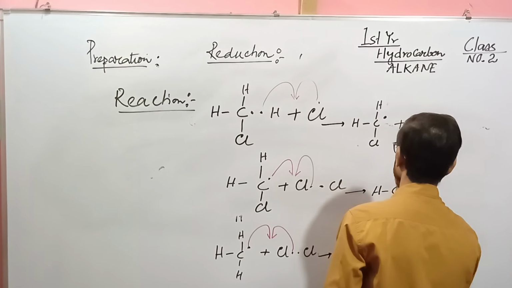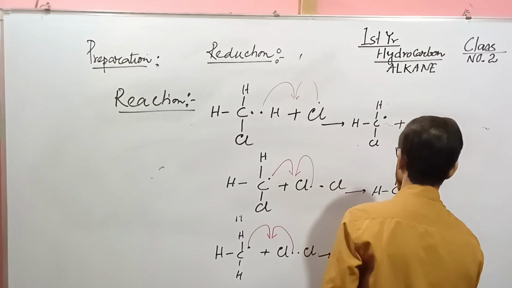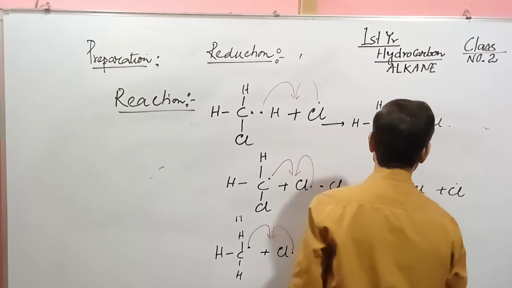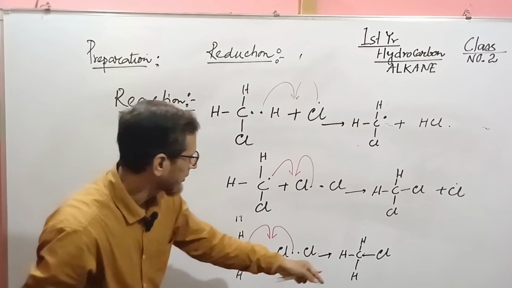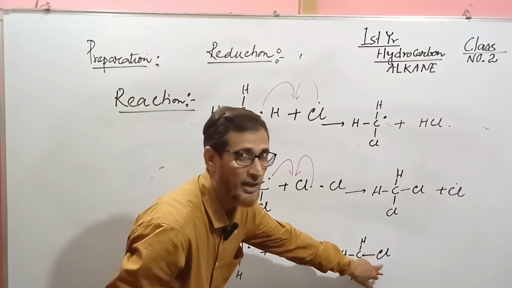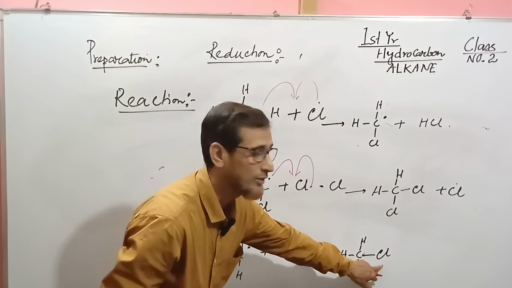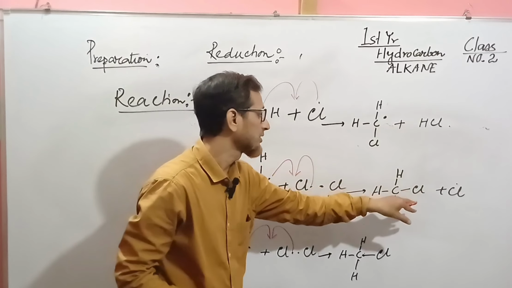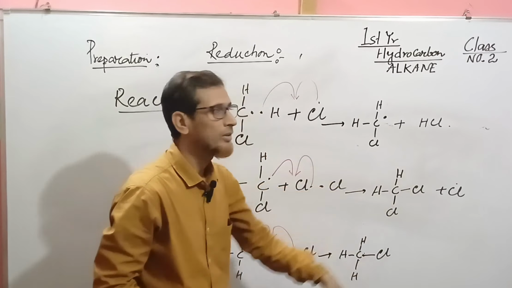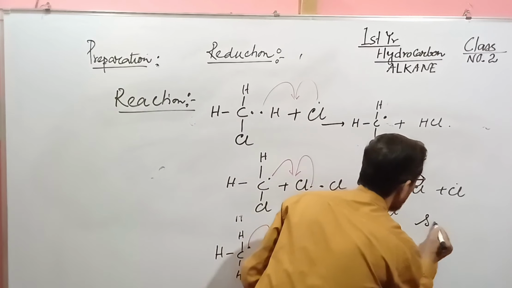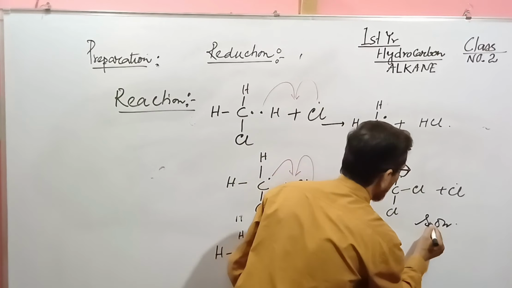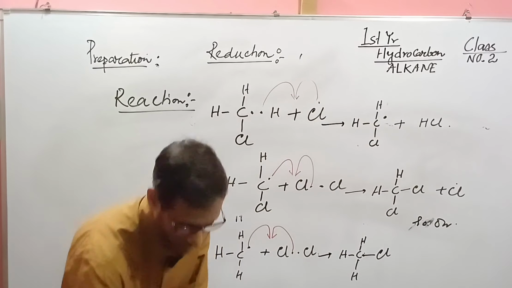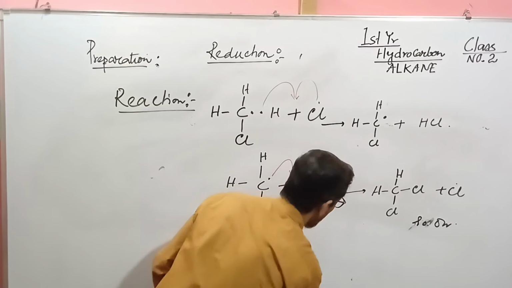You will get a radical left. So you see, in the first case one chlorine replaced one hydrogen, and in the second stage another hydrogen is being replaced by another chlorine. In this way all the hydrogens will be replaced, and so on. Am I right? This is the propagation step.